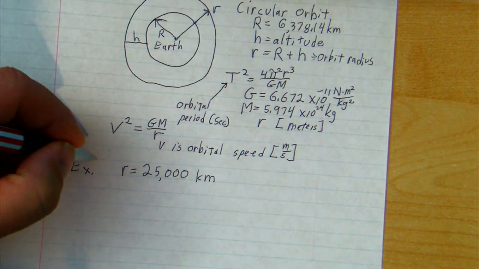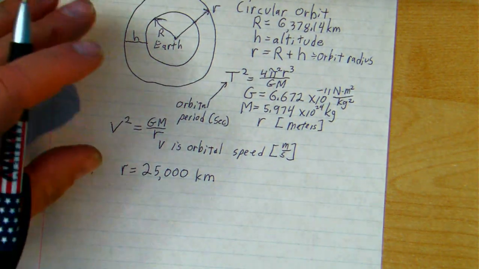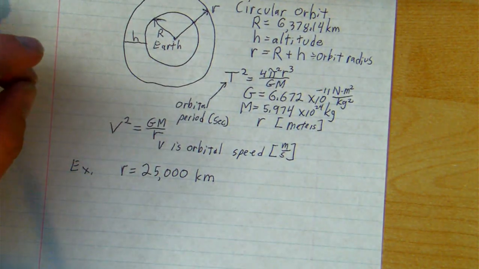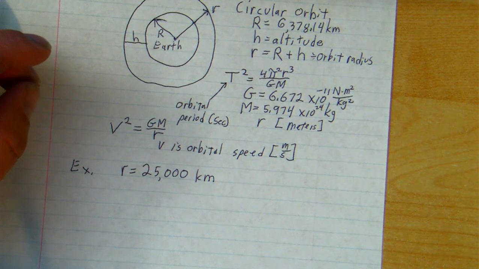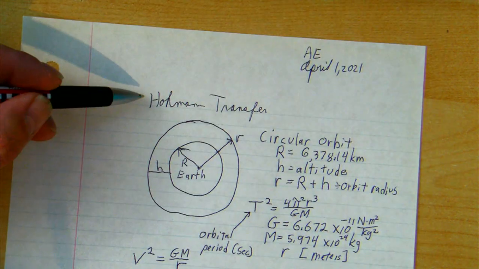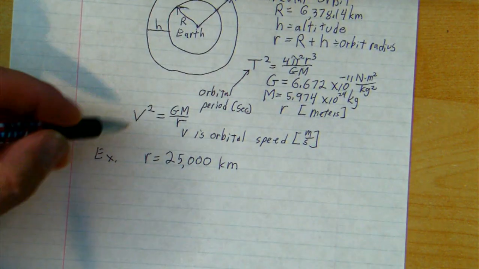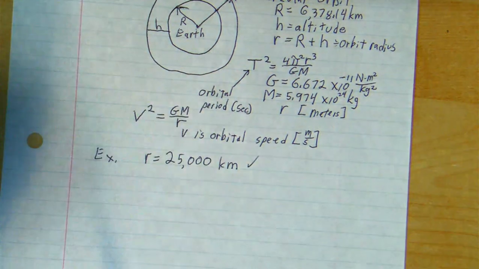But I'll tell you what, we don't need to calculate the orbital period in this situation. We'll just calculate what we need to learn about Hohmann transfers. So all we need to know is the orbital radius.